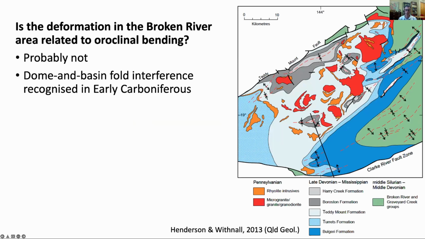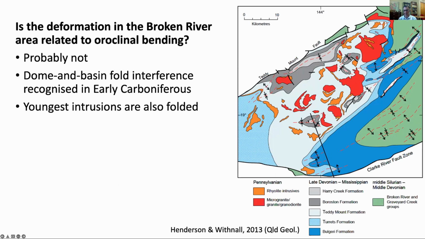Now, the whole sedimentary succession, including early Carboniferous units, is folded by northeast-southwest folds, but also by an orthogonal set of large-scale gentle folds, forming dome and basin interference patterns.